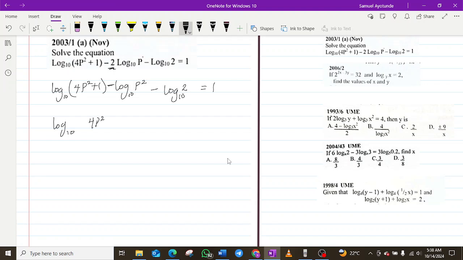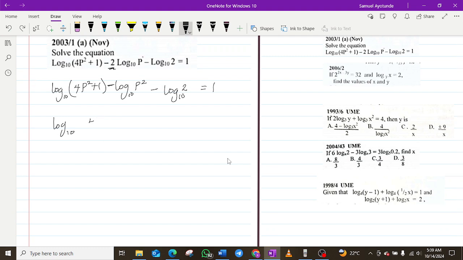4p squared plus 1 over p squared. Then we have another division. Or, okay, let's do it like this. Let me do it in a better way so that we understand what we are doing.